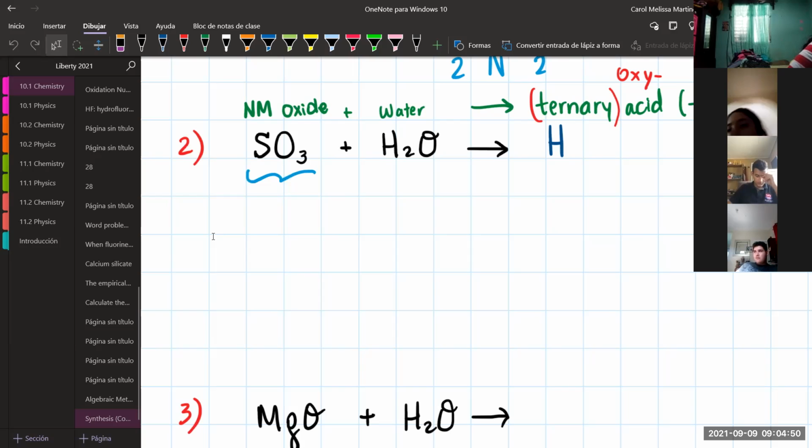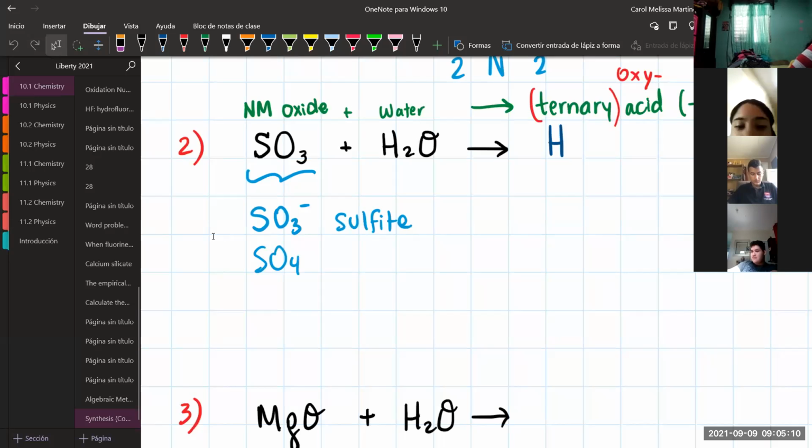But as an ion. So tell me, what ions do we have that involve sulfur and oxygen? We have only two ions, okay? We have SO3 minus, which is sulfite, and we have SO4 2 minus, and it's called sulfate.